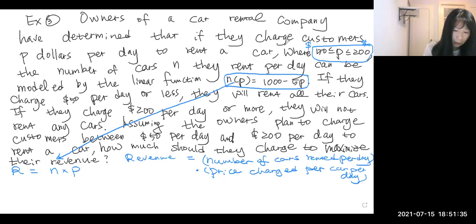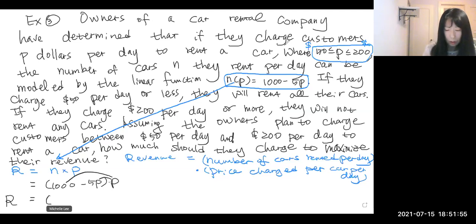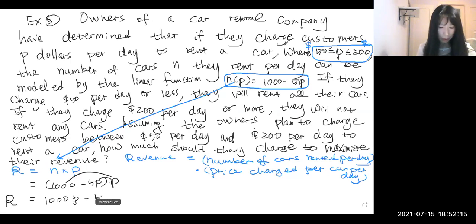We have 1000 minus 5P, times P. And we distribute, then this will be 1000P minus 5P squared, right?